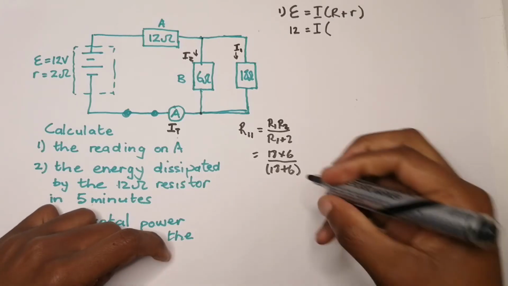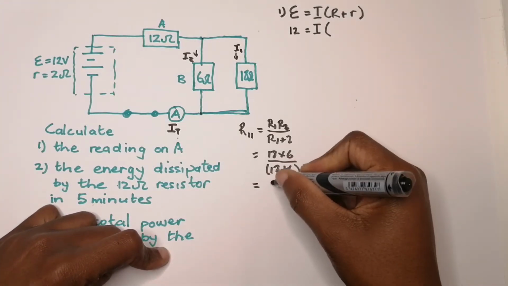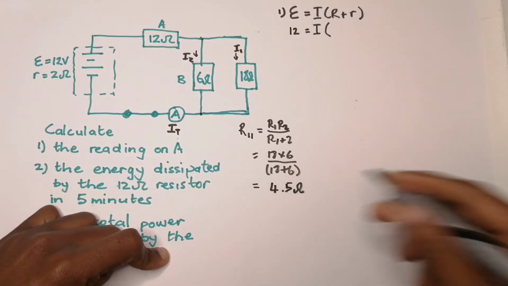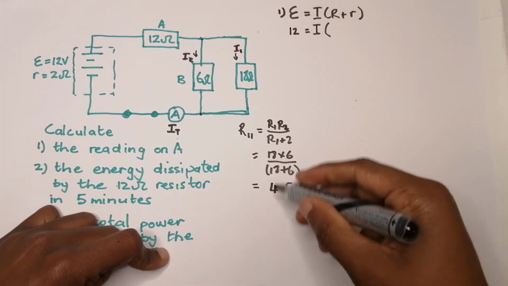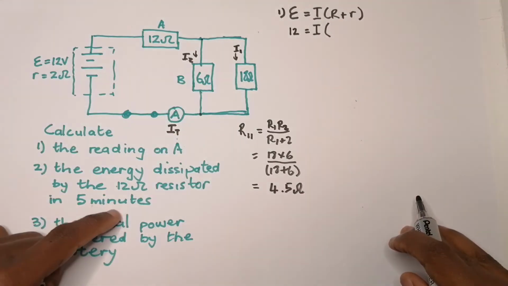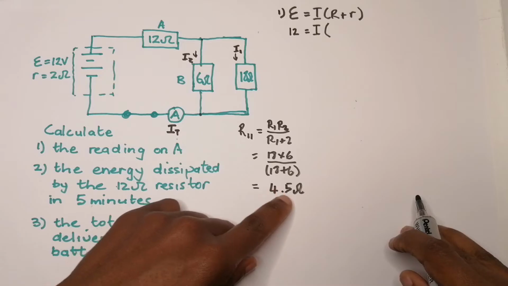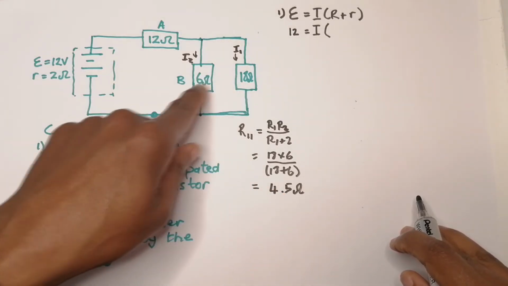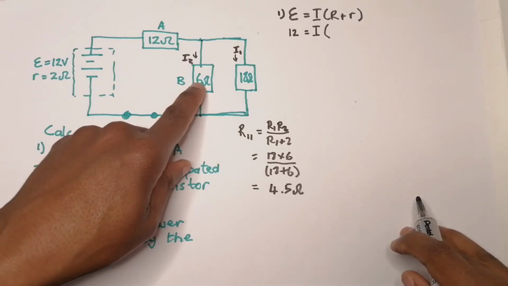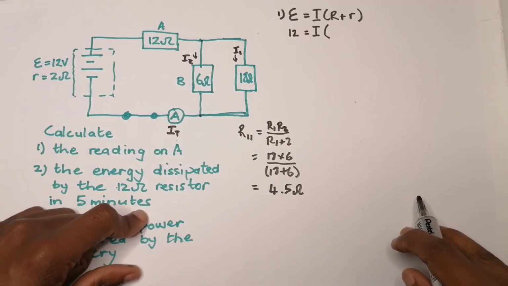So it means that my parallel resistors give me an effective resistance of 4.5 ohms. Now, if you remember what we said previously, to get the effective resistance in parallel, that effective resistance should be smaller than your smallest parallel resistor. So in this case, definitely 4.5 is less than 6, so that looks about right.